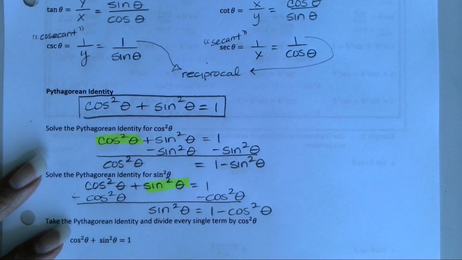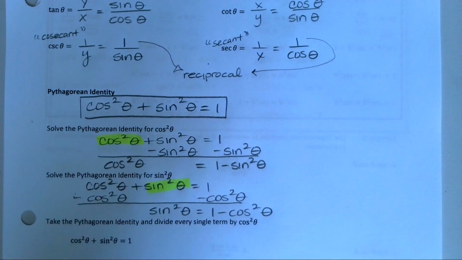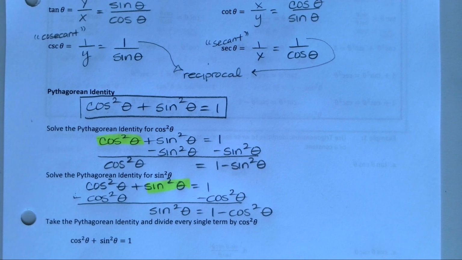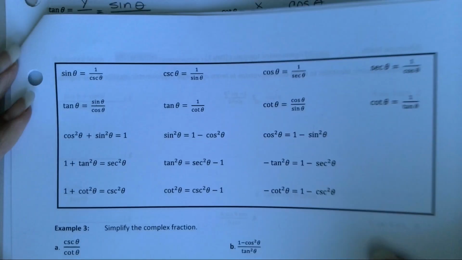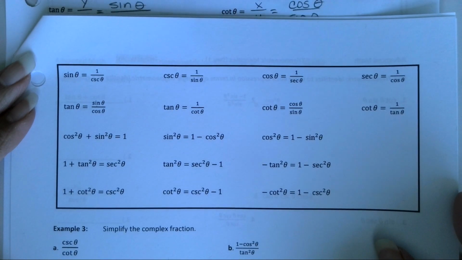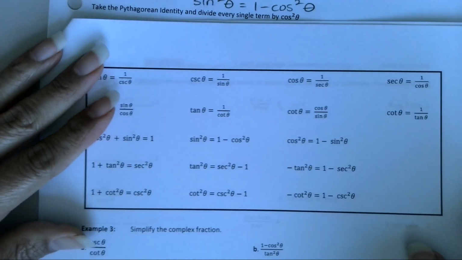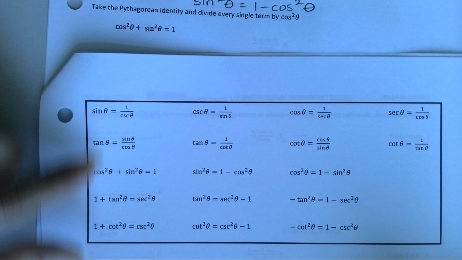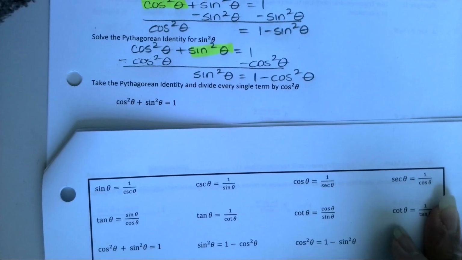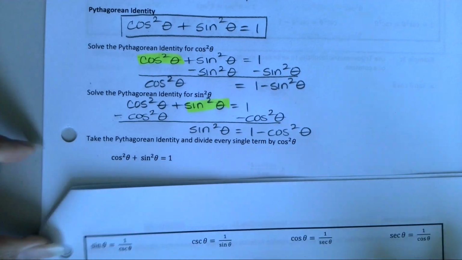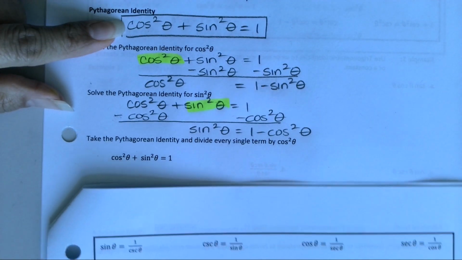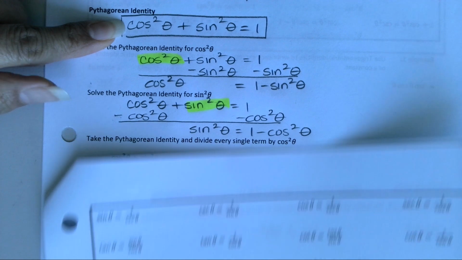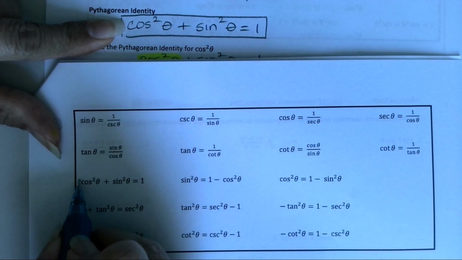So what I want you to notice is if you flip your page over to the other side, there's going to be a chart. And what you are going to notice in this chart is that this row right here, let me see if I can bring this lower enough. Okay, so this right here that we squared off in your Pythagorean identity, that is this formula right here.